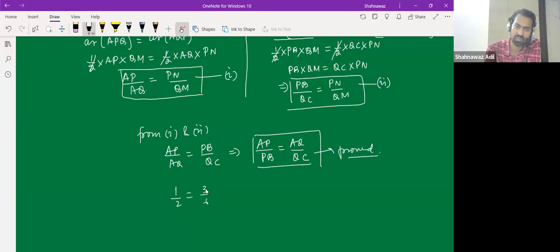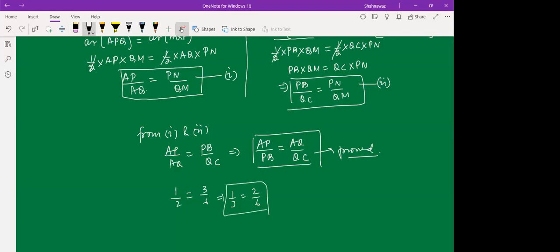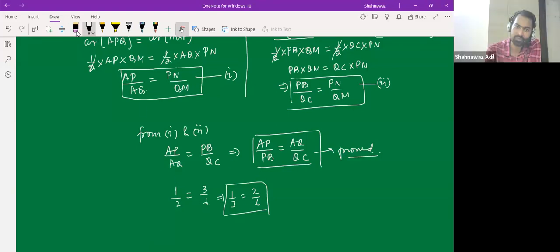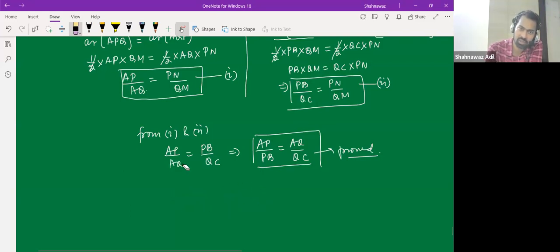So I take 3 in here and I put 2 in here. So this would be 6. So this is also equal, right? Yes, sir. 1 by 3, 1 by 2. Yeah, just rearrange. Or you can also see it in this way that this is in multiplication, so this would come in division, and this is in division, so this would go into multiplication. So whatever way, this was the idea.